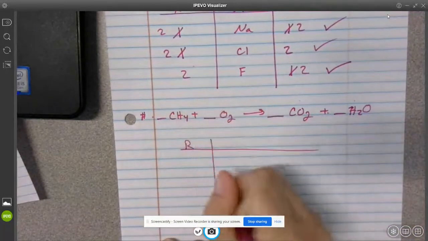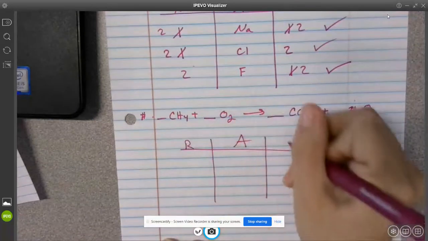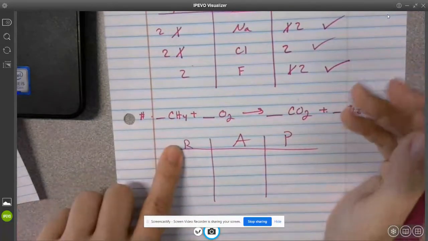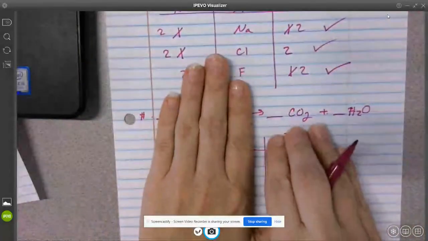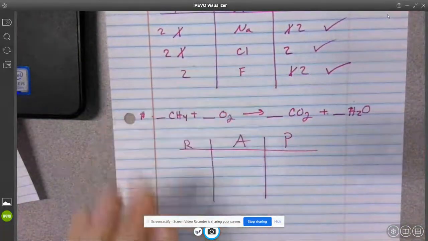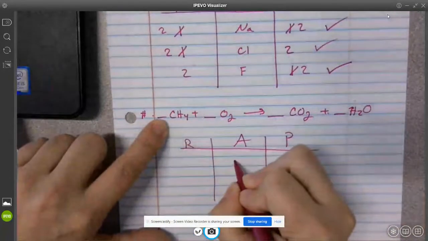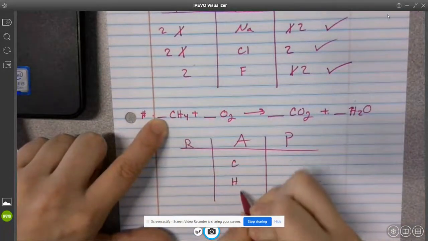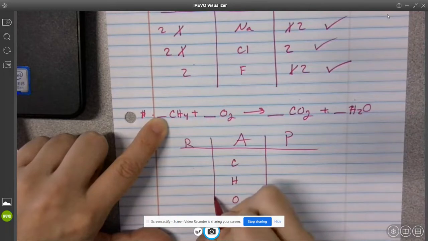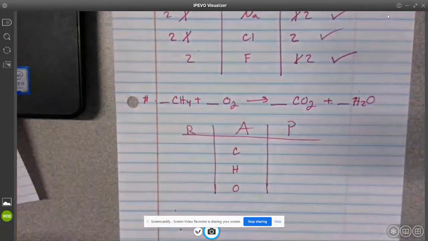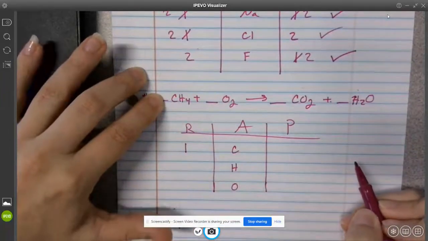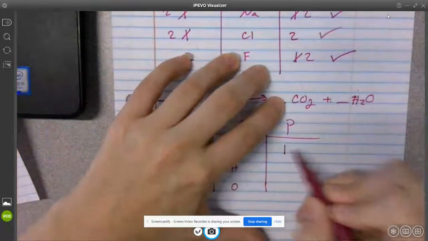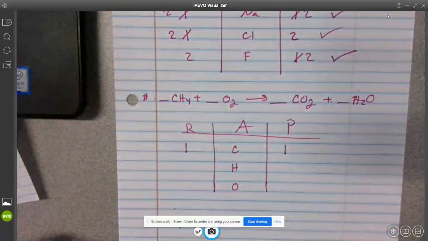the RAP table. And your RAP tables, again, reactant side is your left side, product side is your right side. I have to identify my elements and look at what I'm starting with. Carbon, I have 1 on my reactant and 1 on my product.